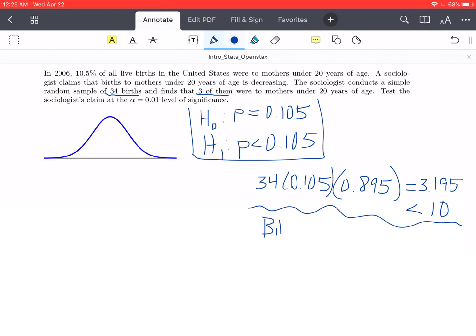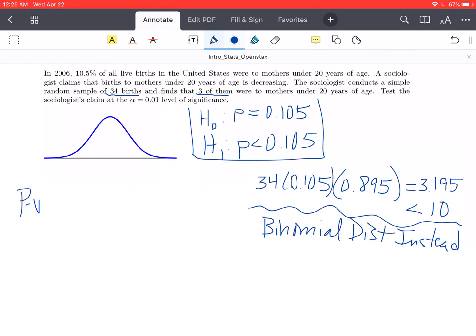So we're going to use a binomial distribution instead. And what this means is that when we're determining our p-value, we're no longer going to look at the proportion. We're just going to look at the count of how many people fit this category.